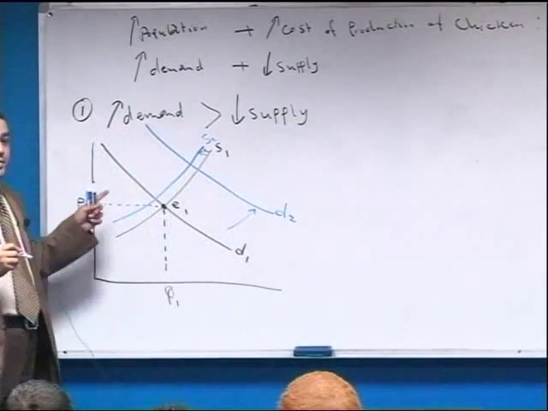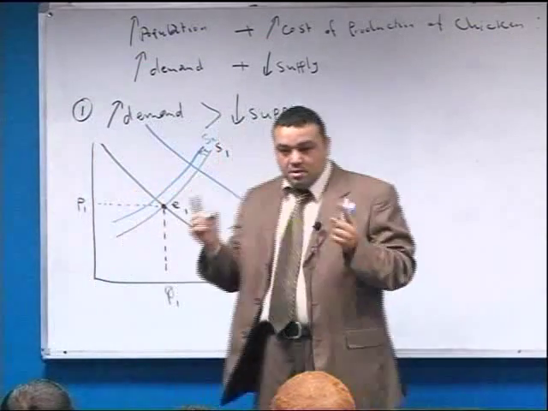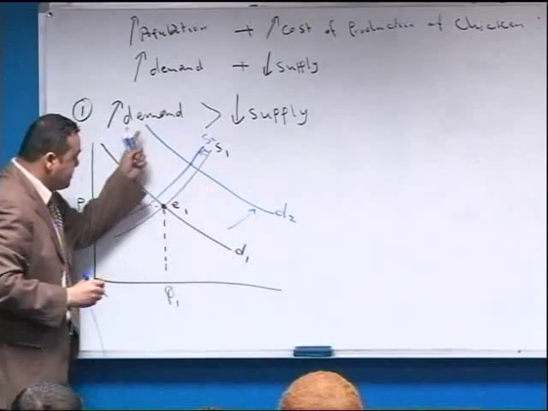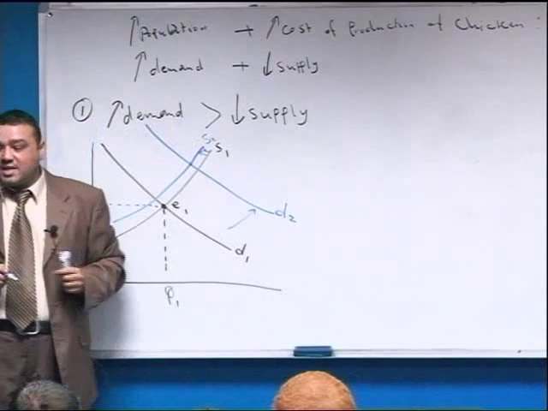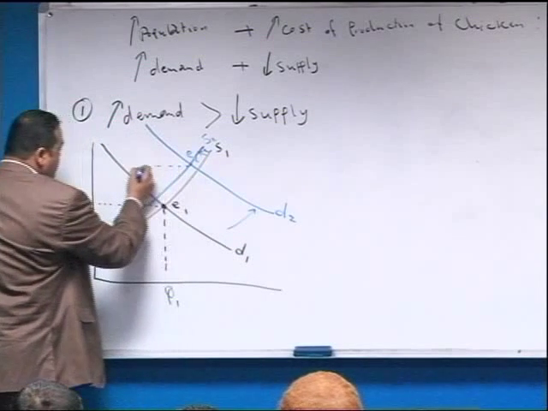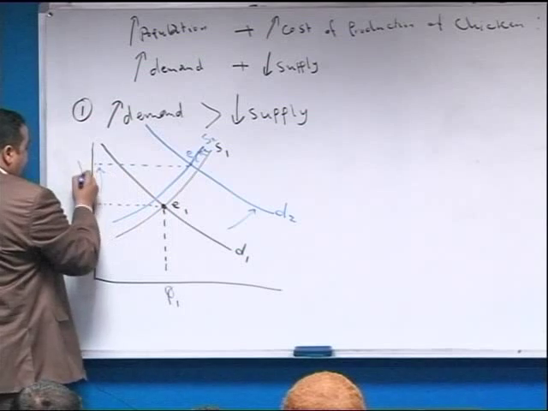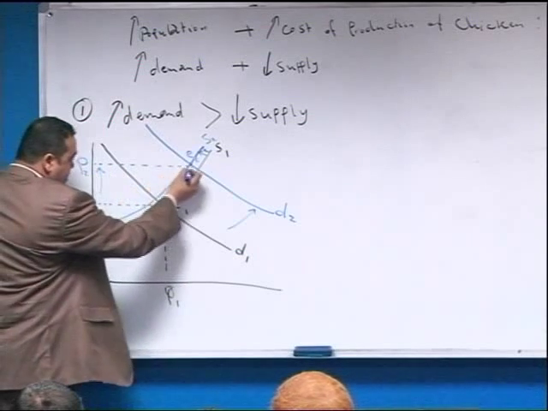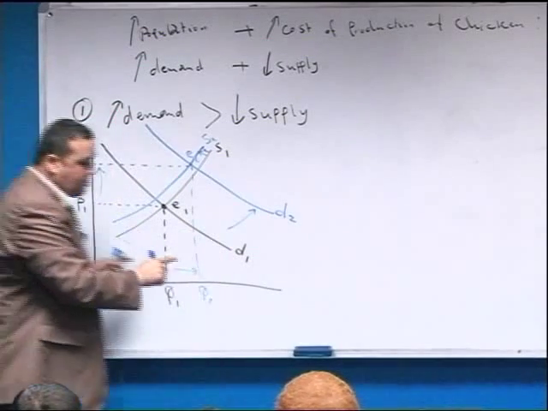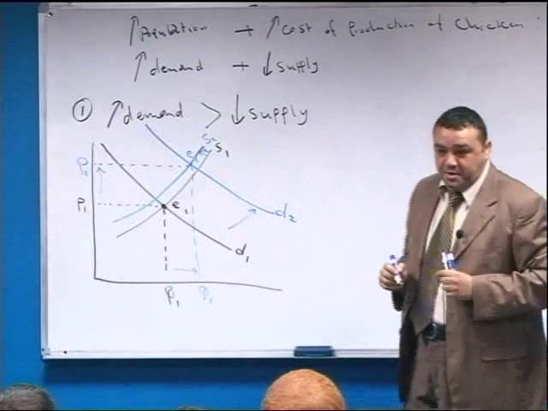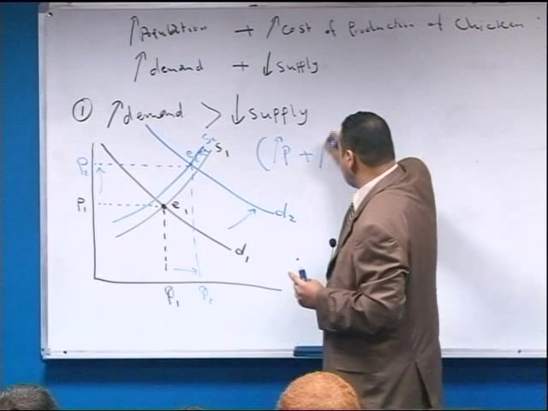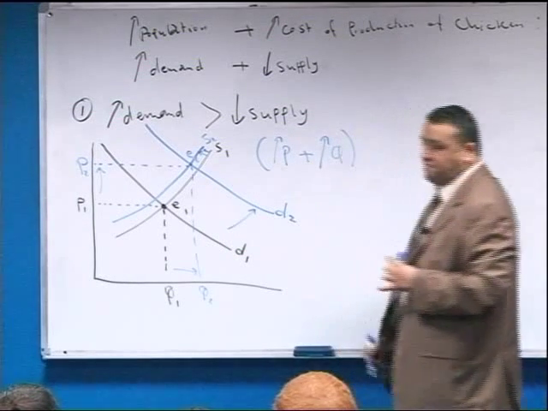So we have a new equilibrium point, the blue curves, where the second demand curve intersects the second supply curve: E2. In this case, the price increased to P2 and the quantity increased to Q2. So the outcome is an increase in price plus an increase in quantity. This is the first case.